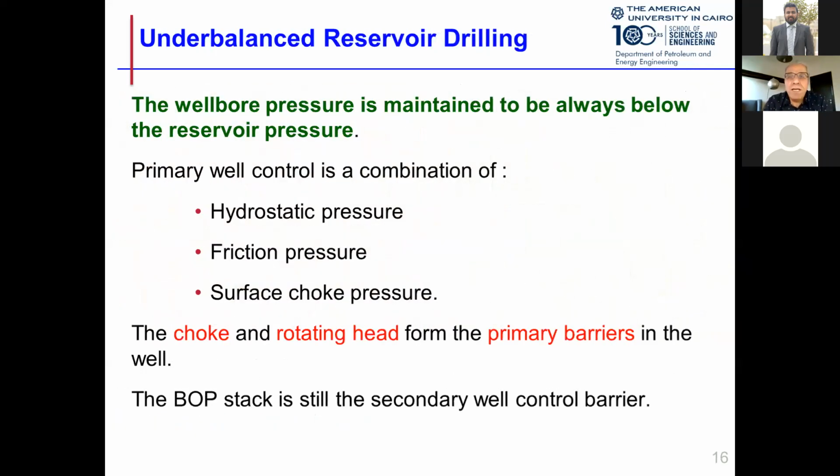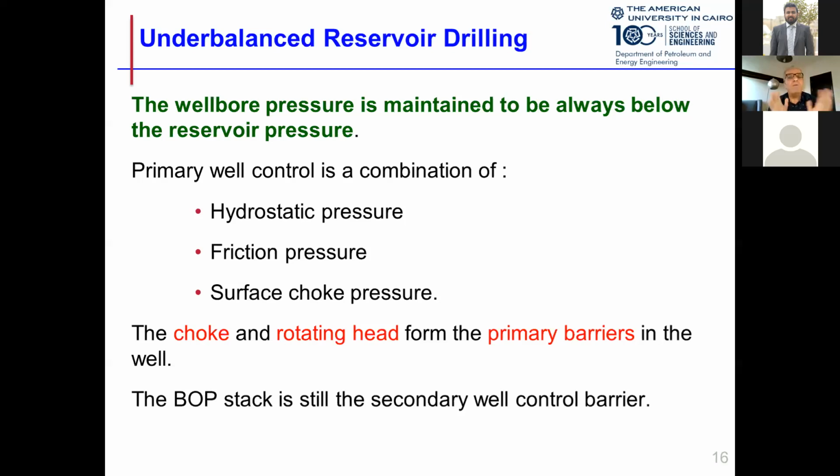Now, when we drill underbalanced, again, I said we have to care about safety, and we have to control the well as well. So the well is controlled by three means: by hydrostatic pressure, by friction pressure, and by the surface choke. This is the one at the surface. Friction pressure, we don't control much, it is driven by the equipment.